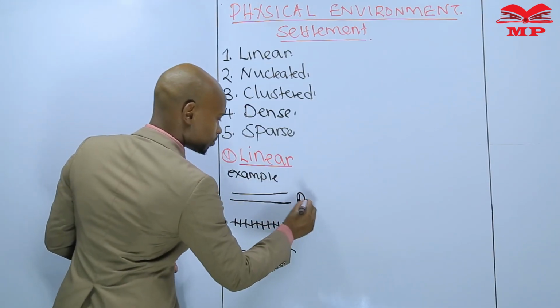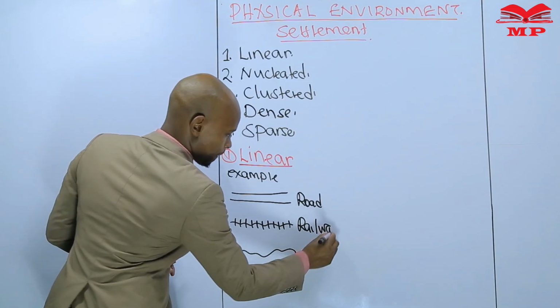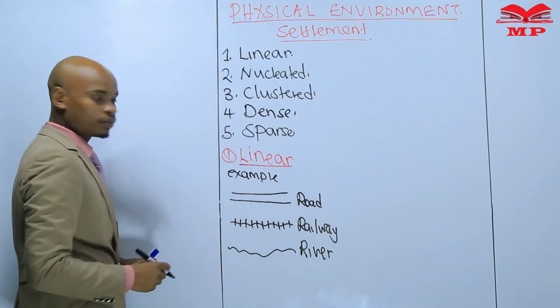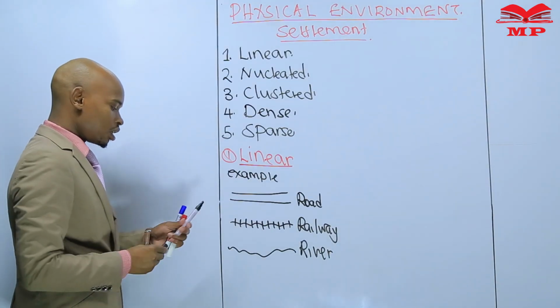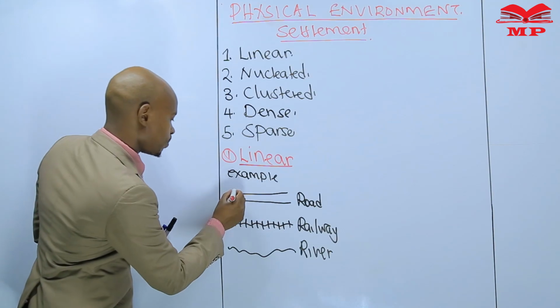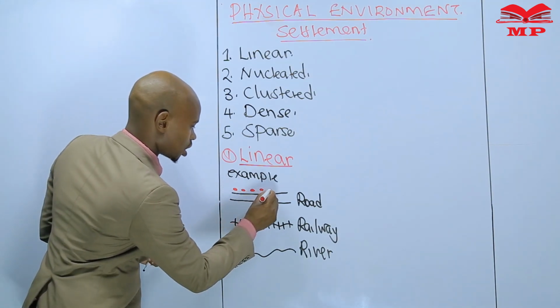This is a road. This is a railway. And this is a river. People are assuming this kind of pattern.